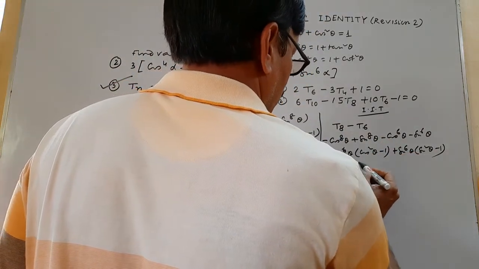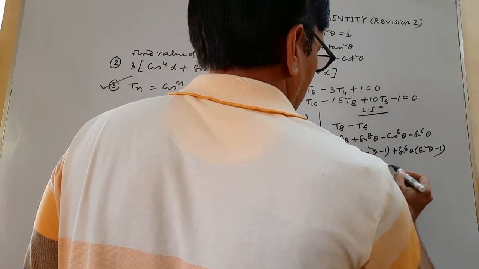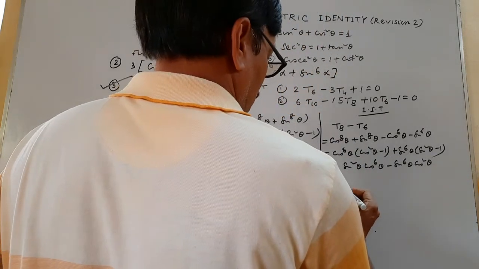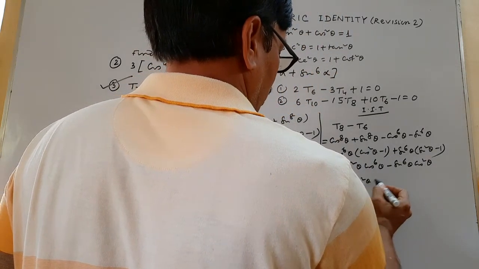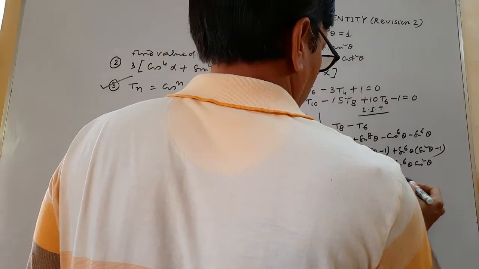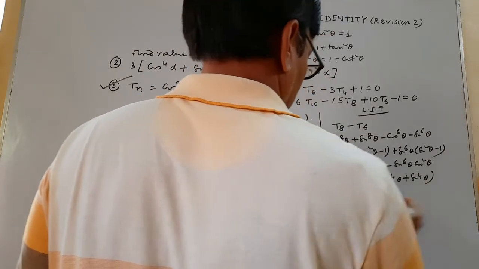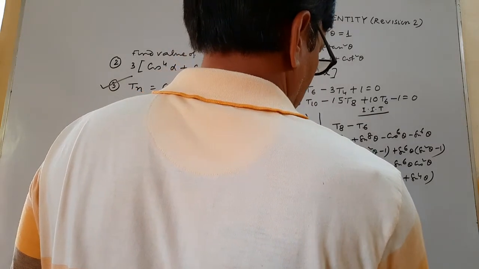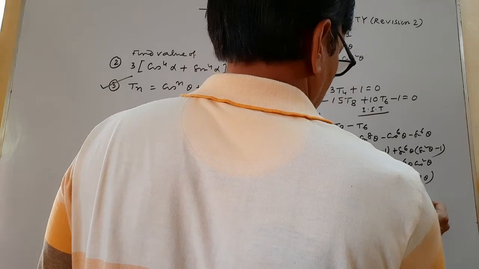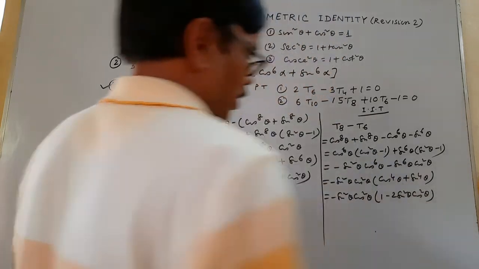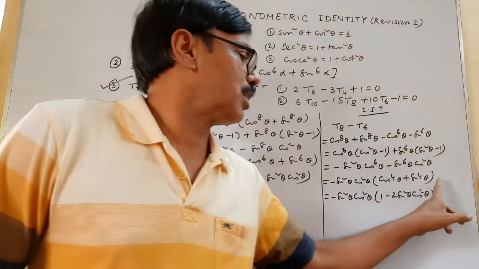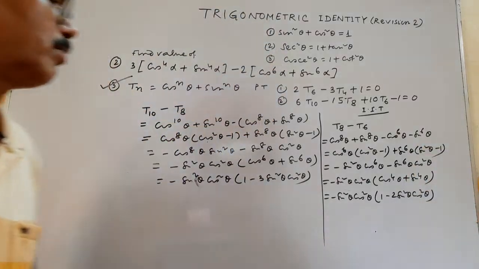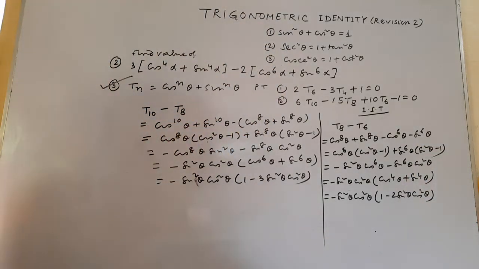So minus sine square theta cos to the power 6 theta, minus sine to the power 6 theta cos square theta. So minus sine square theta cos square theta common, cos to the power 4 theta, sine to the power 4 theta. We always write directly, this is 1 minus 2 sine square theta cos square theta.